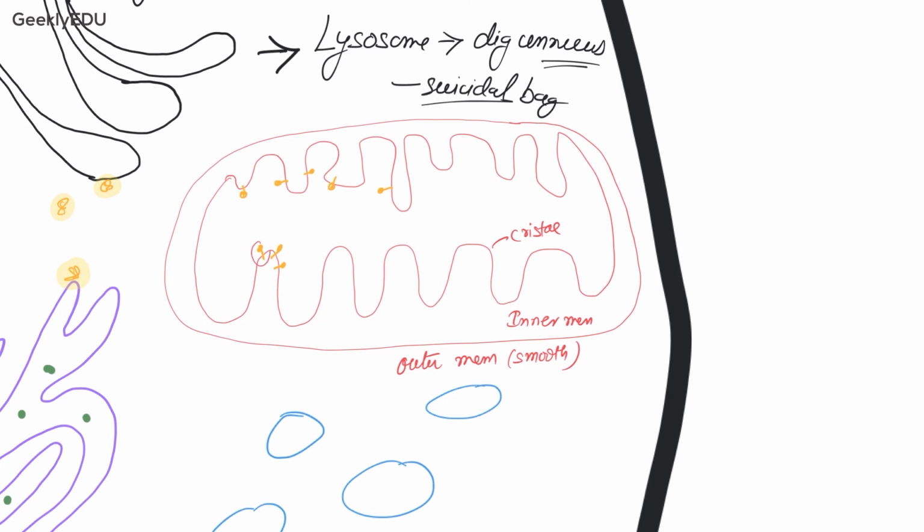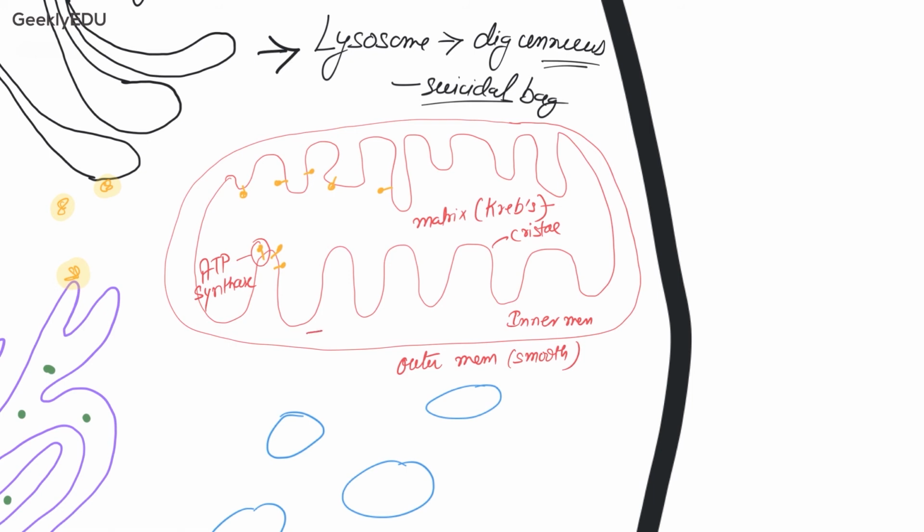Because we have structures called ATP synthase. What is the job of ATP synthase? The name itself is telling you it will synthesize a lot of ATPs, right? Now, inside of the inner membrane, you have the matrix where a lot of Krebs cycle enzymes are there. What is Krebs cycle? That involves breaking of pyruvate, a product of glucose breakdown.